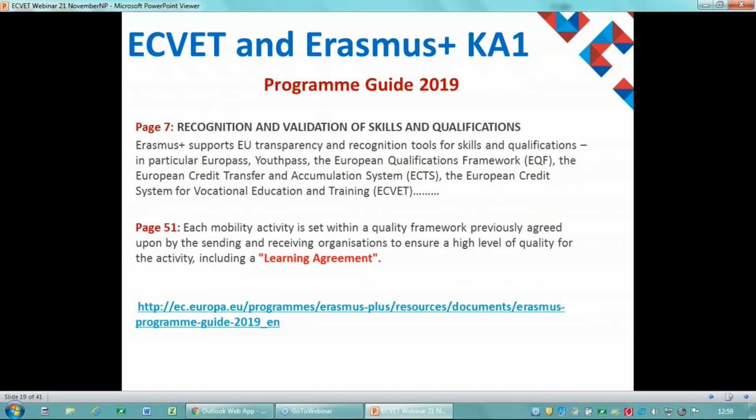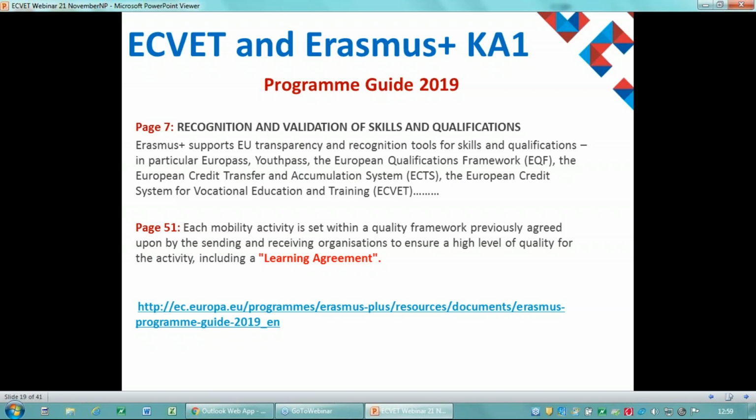So back to the programme guide for Erasmus Plus, and particularly focusing on Key Action 1 VET mobility. Page 7 of the programme guide, as you can see from your screen, clearly makes reference to recognition and validation of skills and qualifications and makes a mention of ECVET. Page 51 of the programme guide also makes reference to a learning agreement, which we're going to have a look at a little bit later in the webinar.